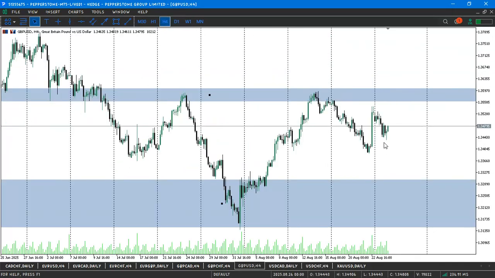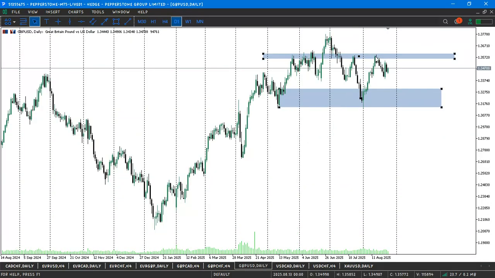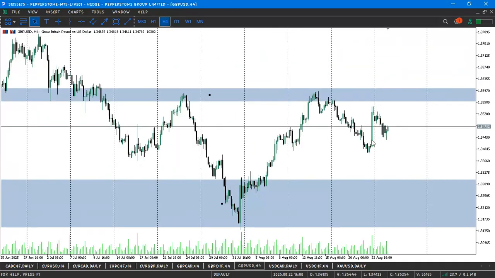Now, after the market changed the direction, we can see that in the 4 hours we have been moving in a series of lower lows and lower highs in line with the daily area of reaction where we expected the market to start selling from. Looking at the 4 hours, we can see that we have taken out all this liquidity that is lying in this area.